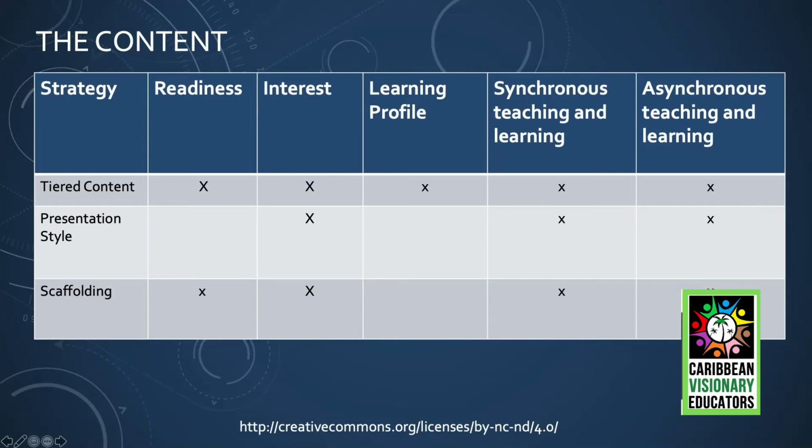Another point that I want to also mention is that teachers can move the differentiation process by asking questions at different levels to ensure that students are aware of what needs to be done in that context. And of course, if you're using presentation style, I would say record your presentations and put them in the asynchronous section of your course or lesson so that students have access to it.